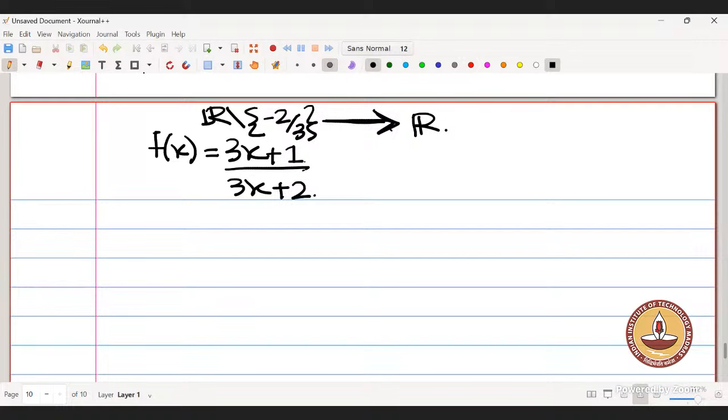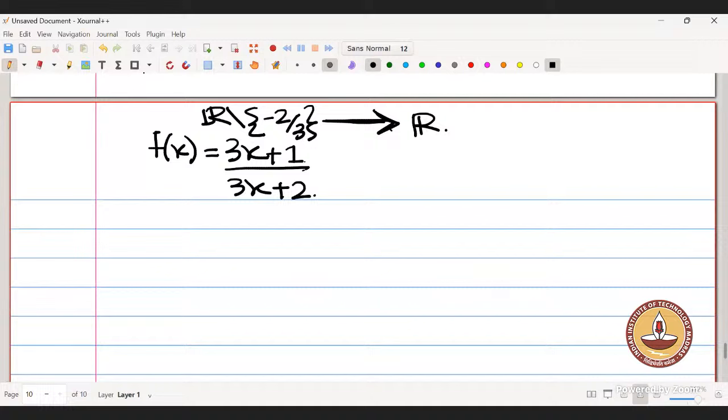But again, it's better to prove that this function is actually 1-to-1. By the same way, sir, as when we were discussing, we take x1 and x2 and put the values, both will be equal, and then solving the equation, we will get x1 is equal to x2.